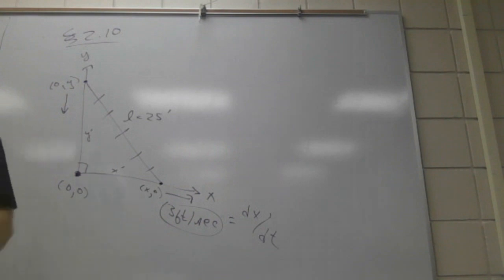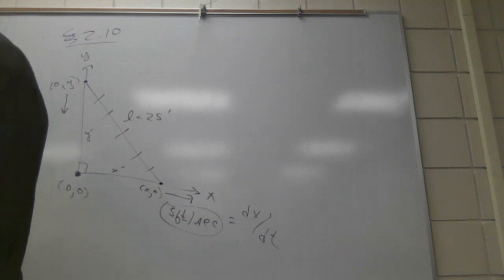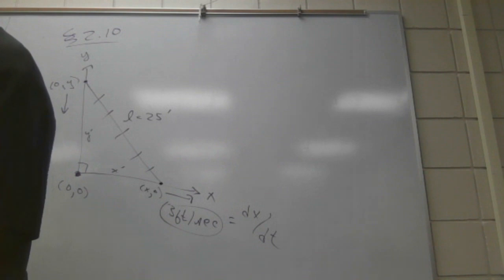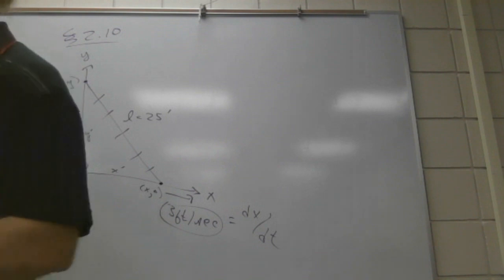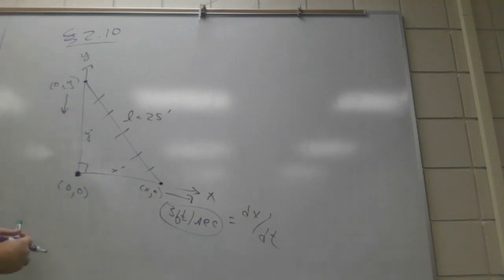All right. So we've got to figure out what the question's answering. Okay, so t is a measure of time. And so the bottom of the ladder is pulled horizontally. Suppose we wish to determine how fast the top of the ladder is sliding down the wall when the bottom is 15 feet from the wall. So we're trying to look at the moment of time, and I'm going to use a different color here.